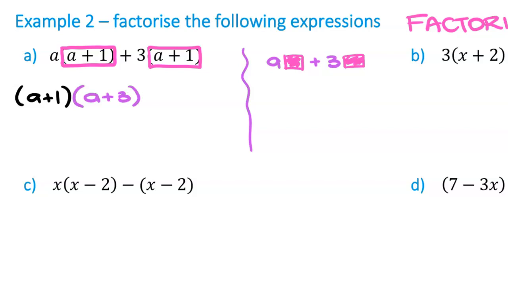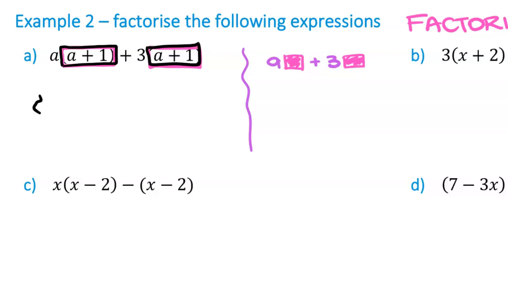And now we've done something really incredible. We have factorised one of our double bracket expansions. So let me go through how we did that one again. We said that the common factor we had here was this a plus 1 in brackets.